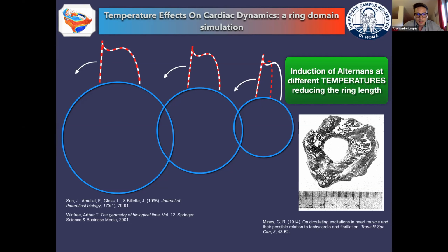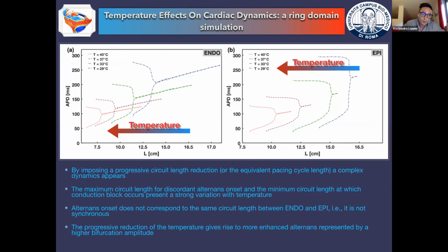In this kind of analysis, we didn't average the action potential duration and diastolic interval over the two beats, but we considered every beat in the stimulation protocol. So it is possible to observe the splitting of the restitution curve in response to the reduction of the length of the ring, which is equal to the reduction of the cycle length actually.